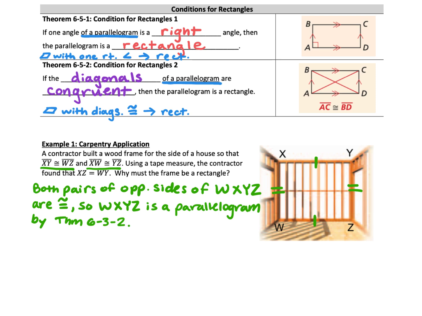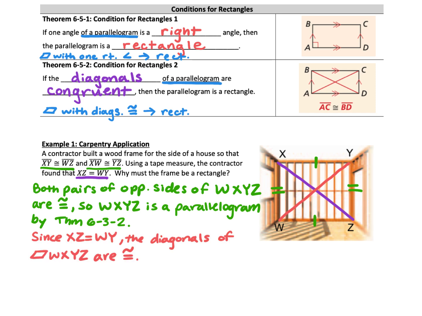So now that we've proven that it's a parallelogram, we can use one of these two conditions to prove that it's a rectangle. For our next piece of information, we have that the contractor measured and found that XZ is equal to WY. Notice that XZ is a diagonal and WY is also a diagonal. Since XZ is equal to WY, we have the diagonals of parallelogram WXYZ are congruent.